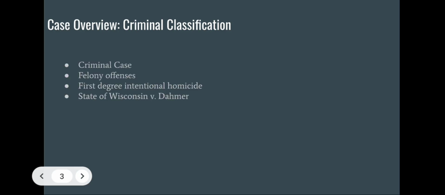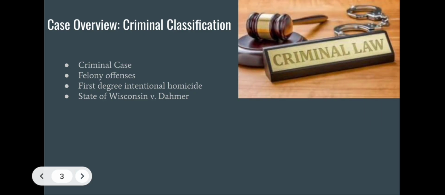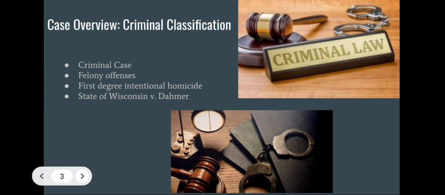The criminal classification in this would be a criminal case involving multiple felony charges, including 16 counts of first-degree intentional homicide, 2 counts of disorderly conduct, second-degree sexual assault, enticing a child for immoral purposes, lewd and lascivious behavior, which was originally charged as public exposure and masturbation.